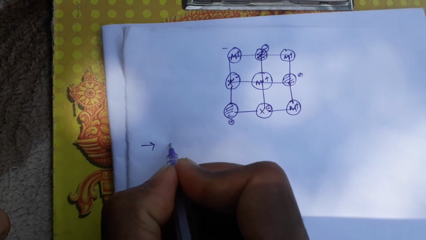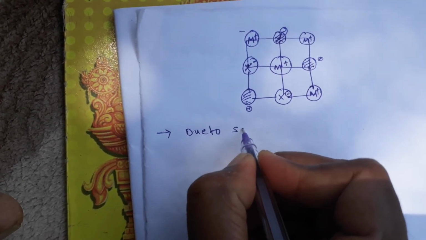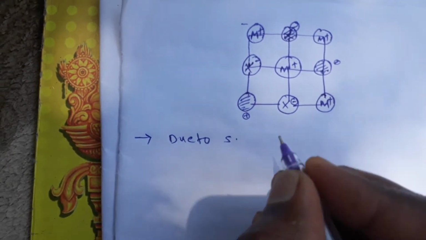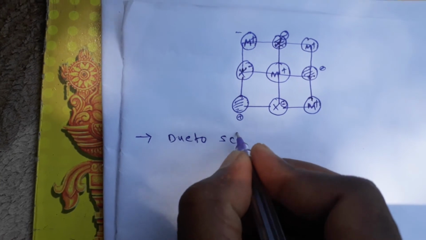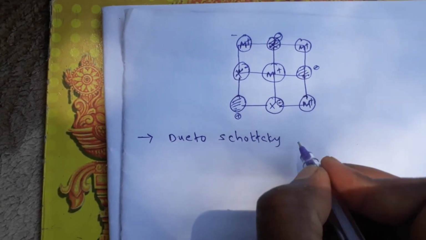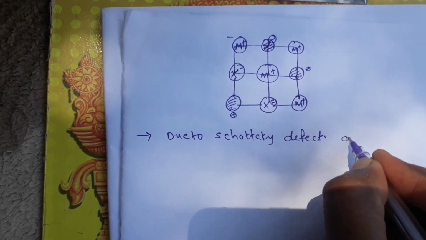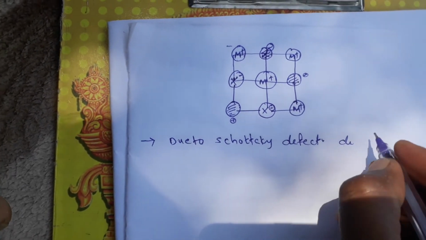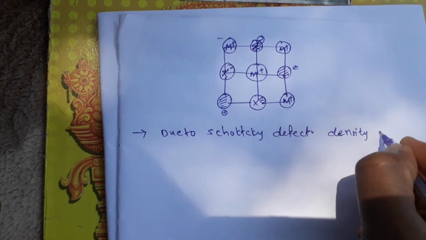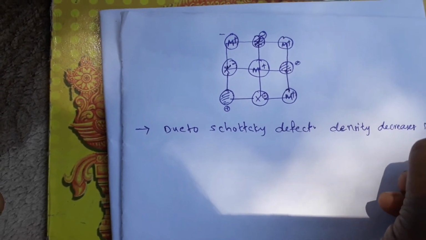Due to Schottky defect, the density of the crystal decreases slightly.